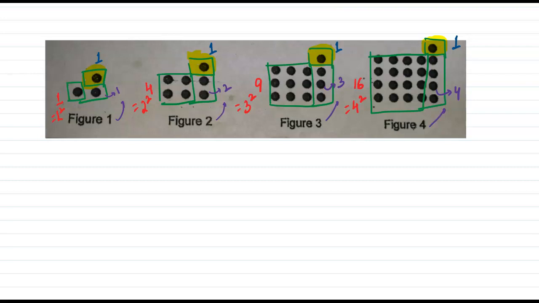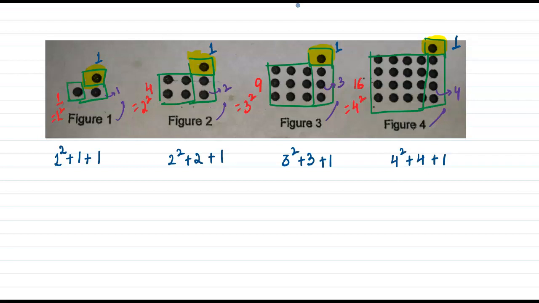Yes, so the expression for the first figure can be 1 square plus 1 plus 1. For the second, it's 2 square plus 2 plus 1. For the third, it's 3 square plus 3 plus 1. For the fourth, it's 4 square plus 4 plus 1.